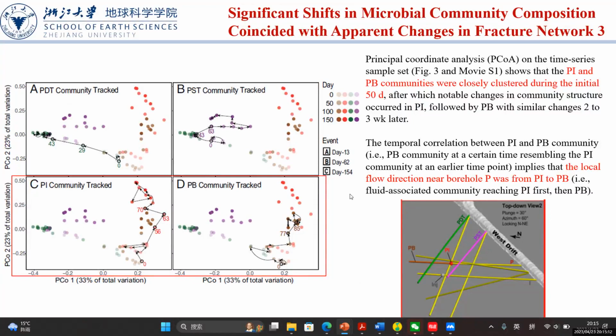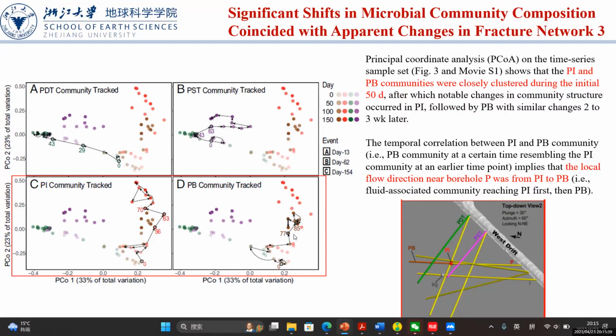Okay, the last part of the results too is that they say for the first 50 days the composition of PI community and also PB community, they were similar.